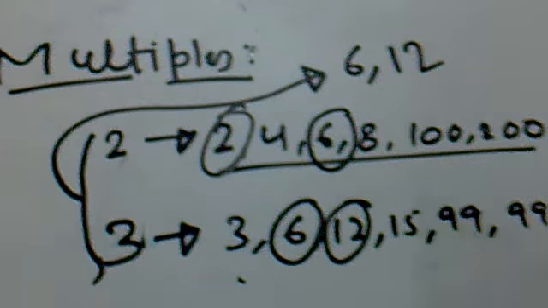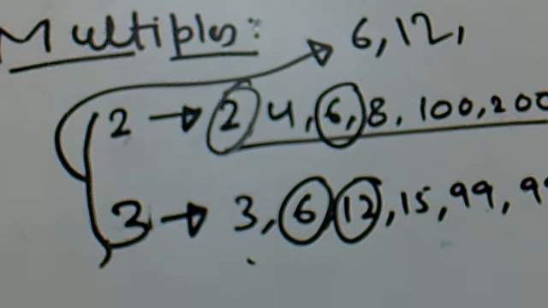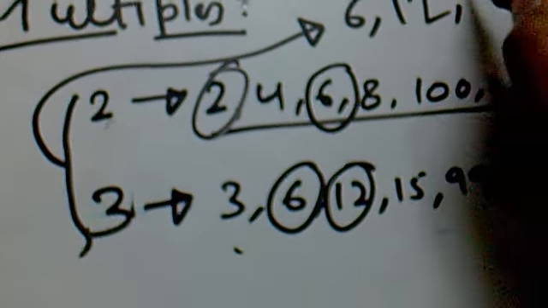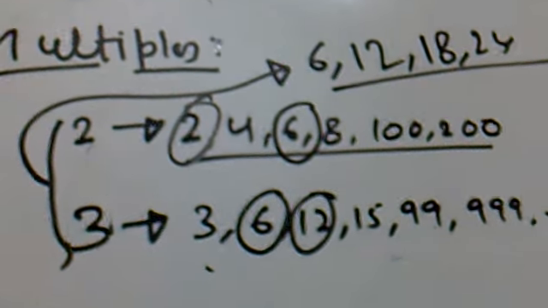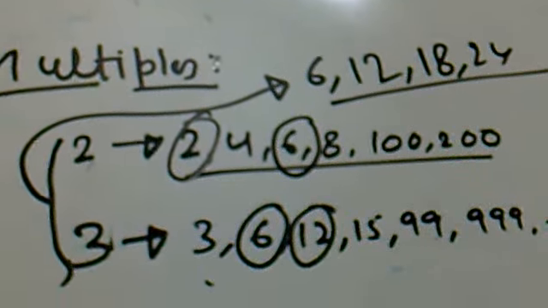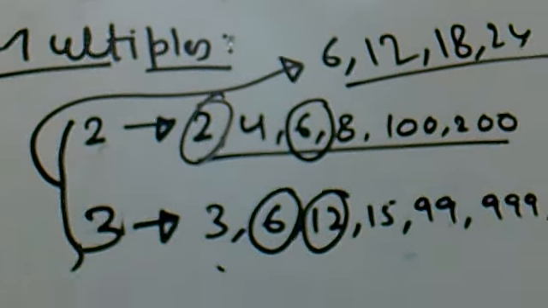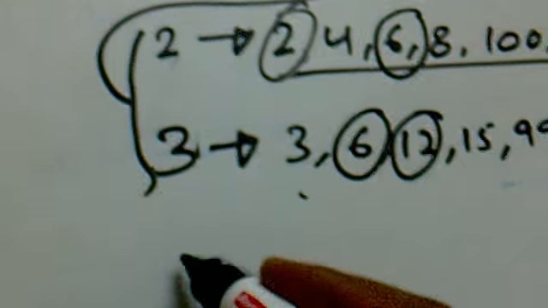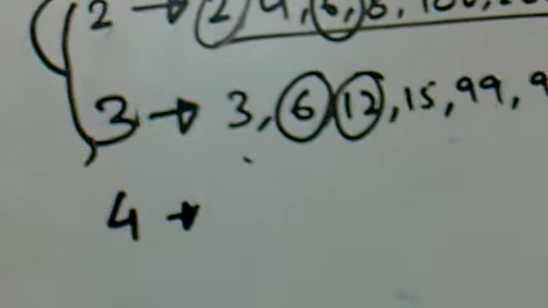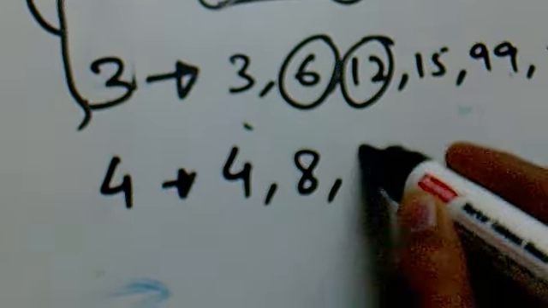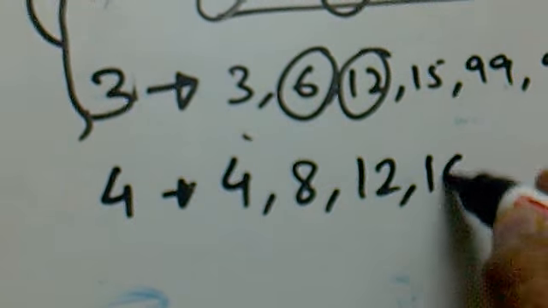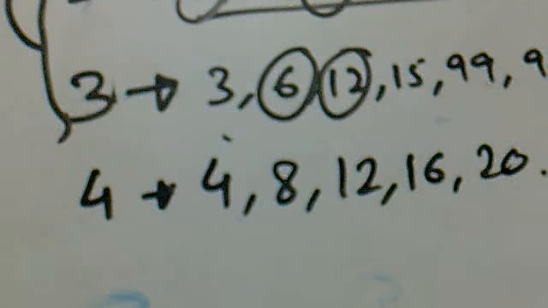Similarly, if we go a bit higher, we can also get 18, 24. These are the numbers that are divisible by 2 and 3 both. Similarly, if we include 4 also, suppose we are writing here the multiples of 4: we have 4, 8, 12, 16, 20.